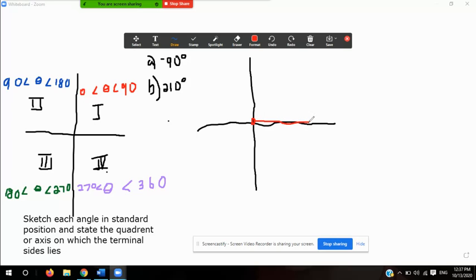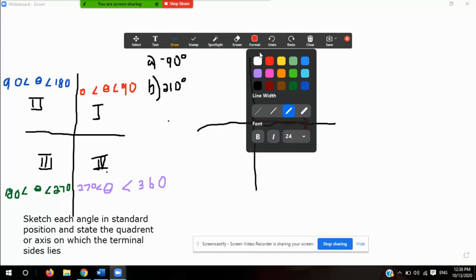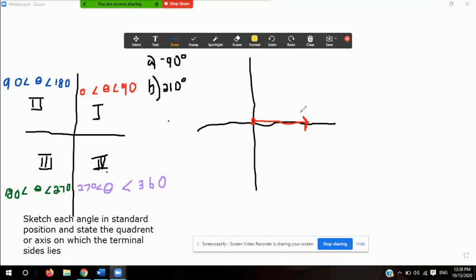Now, it's negative 90. Remember what I said. If the rotation is counterclockwise, and let me use yellow, if it's counterclockwise, that moves this way, the rotation is positive. And if it's clockwise, like this, that means that the rotation is negative.